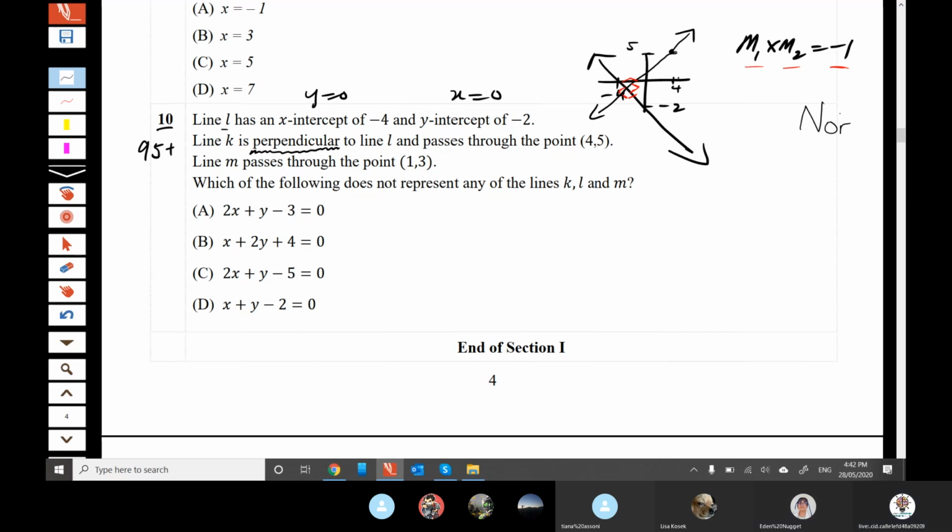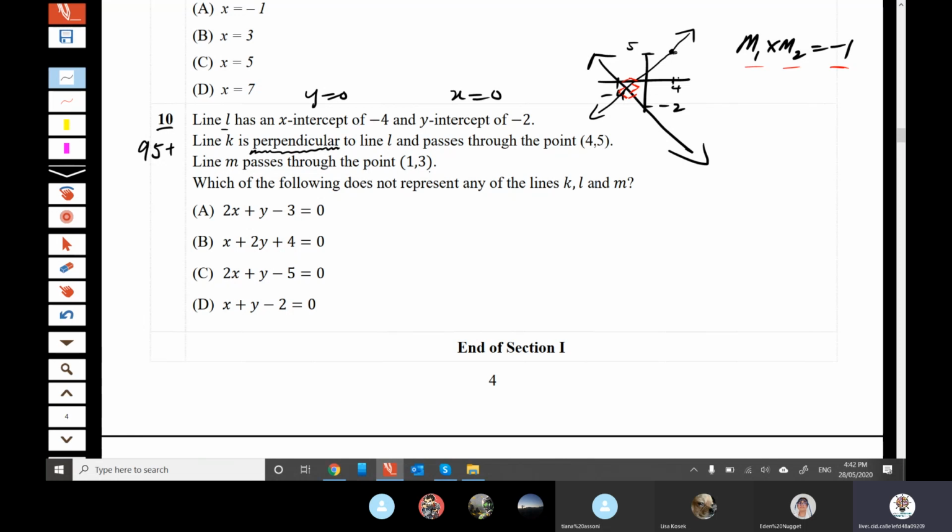Normal. Okay, so it was called normal. So tangents were this way. Normals were perpendicular to your tangents. You find normals by first finding your tangents. Looks like we'll have to revise a bit of calculus, which is fine.